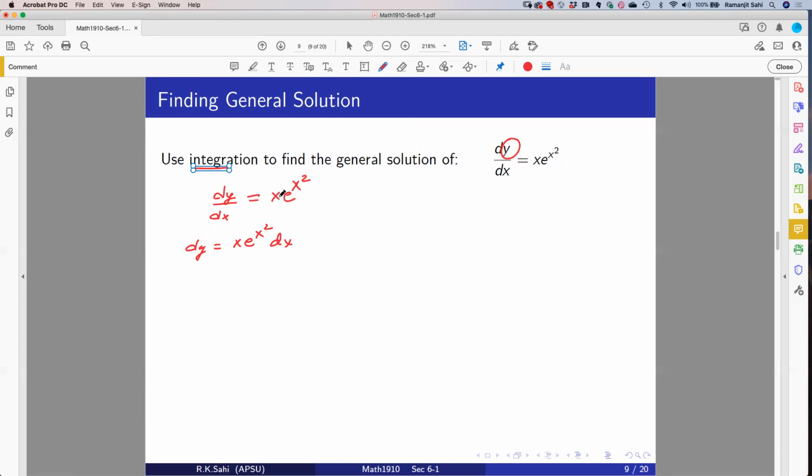Both these equations are equivalent forms of each other: this is the differential equation, and this is the equivalent differential form. Now, to get rid of this d, we take the integral on both sides. So now we will integrate the above equation.